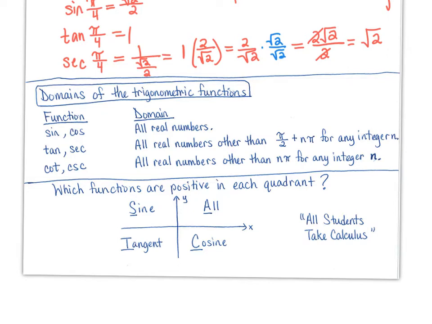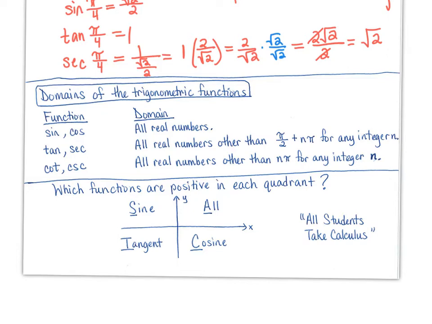Now, you will also have to evaluate trigonometric functions for any real number. If it doesn't seem obvious on the unit circle, you have to find a reference number. This connects everything we talked about before. Remember, your reference numbers are located in what quadrant? The first quadrant.